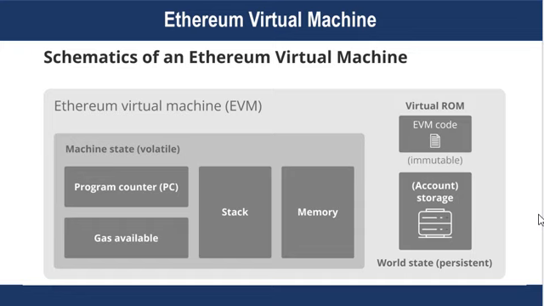Just like in Java, the developers write the Java code in any Java IDE, that is an integrated development environment, and then compile it into bytecodes, which are loaded into a virtual machine called the Java virtual machine or JVM.